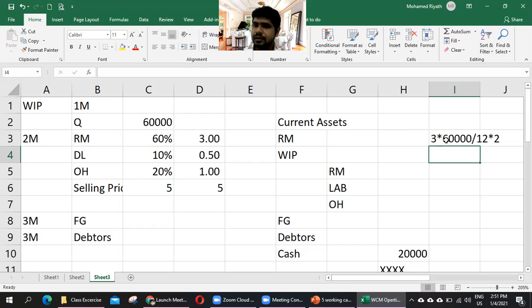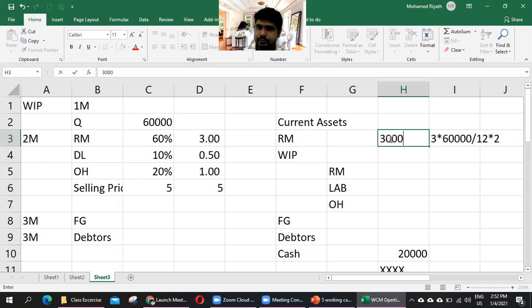So in the year 60,000 units, and we have to convert into a month, therefore we divide by 12. Then we will get the monthly raw material requirement, and we keep the raw material for 2 months. So how much is the value? 30,000. Very good.